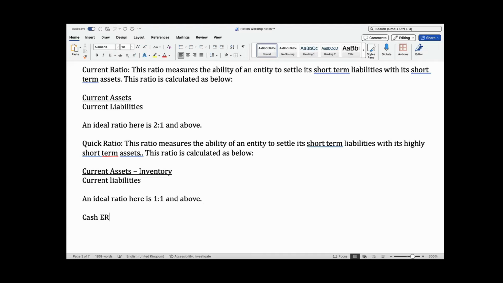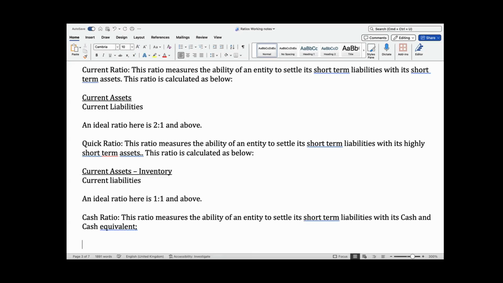And the best measure of liquidity is cash ratio. Because this ratio measures the ability of an entity to settle its short-term liabilities with its cash and cash equivalents.